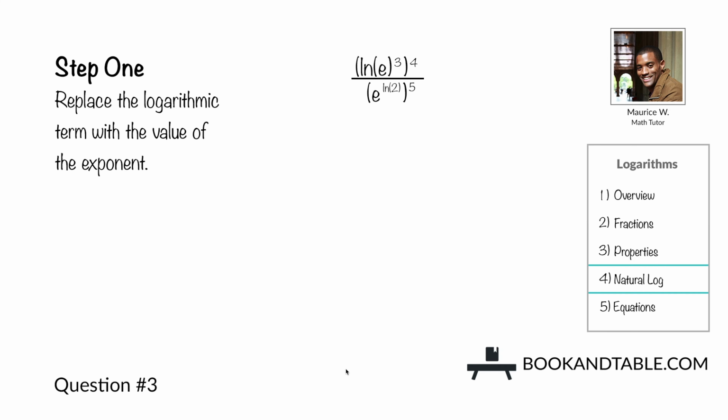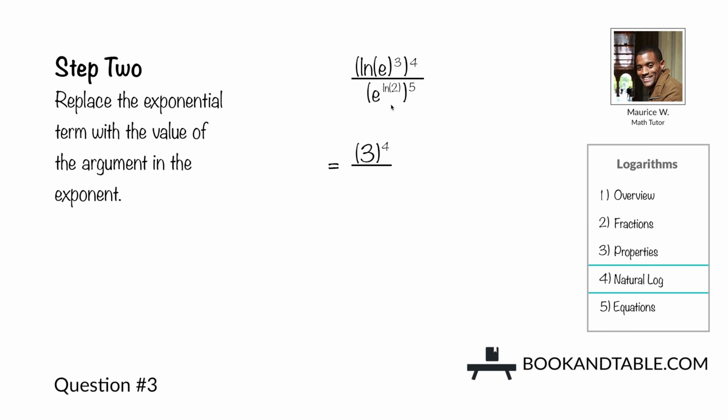Let's now have a look at question number 3. We want to simplify the natural log of e to a power of 3 to a power of 4 divided by e to a power of a natural log of 2 to a power of 5. So we'll start in the numerator. Step 1, replace the logarithmic term here with the value of the exponent, which is 3. So we wind up with 3 to a power of 4 in the numerator.